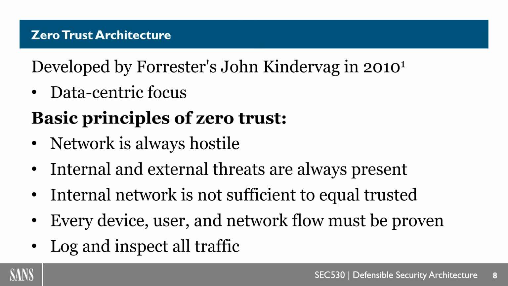So because of this, under zero trust, we're getting to the concept that every device, every user, every network connection has to be proven. No trust. Before you have access, prove that you have it. And also, because we're assuming that things are always hostile, that there are compromised assets, we must log and inspect all traffic.